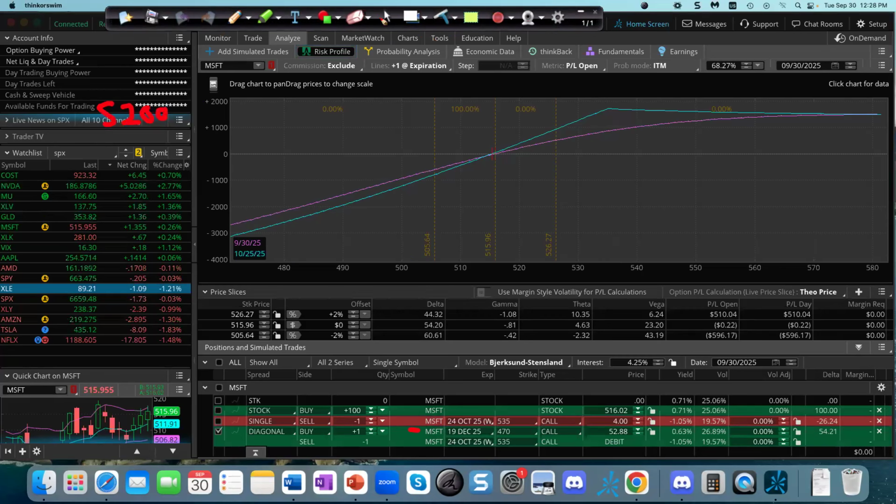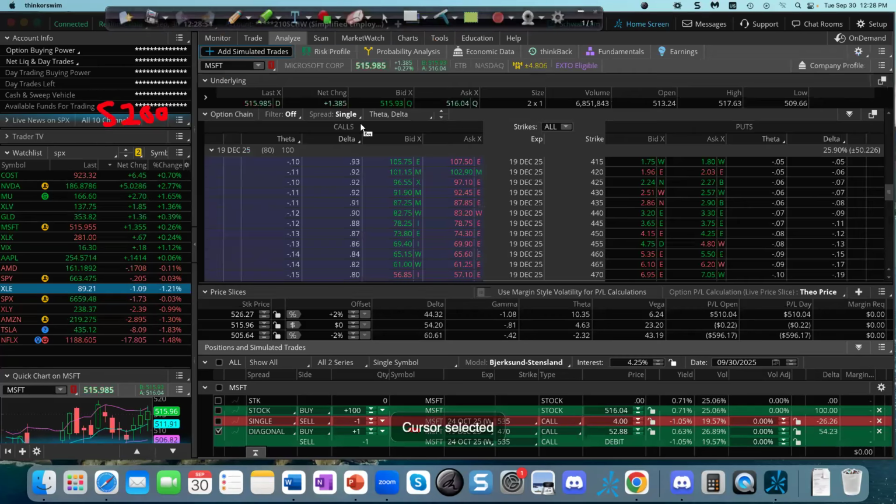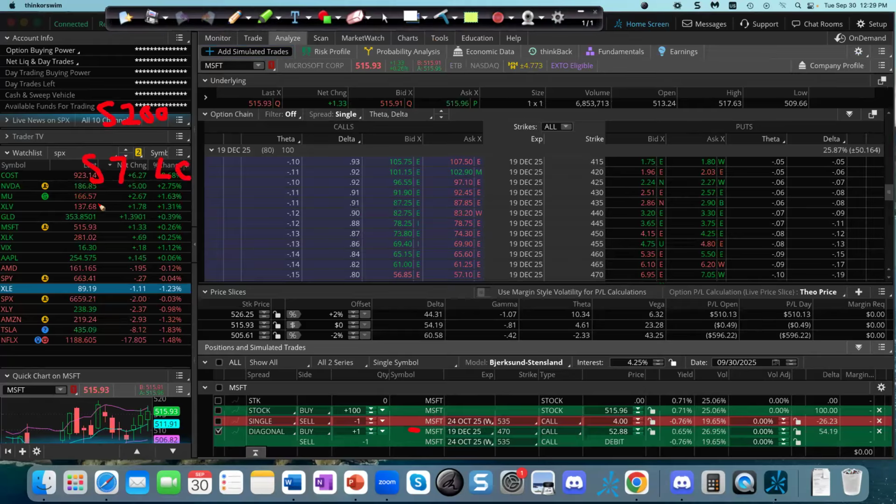Remember, we said that we're putting up the cost of the long call, the 470 call. We're paying about $57 for the long call. And the short call, we're bringing in $4. So the difference, we're paying about $5,300 for the trade.